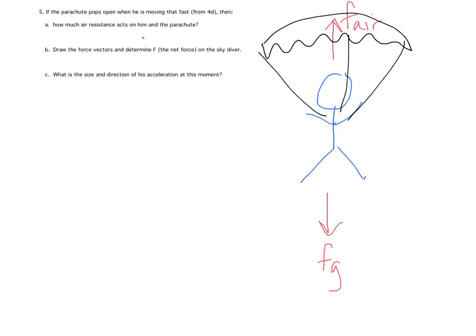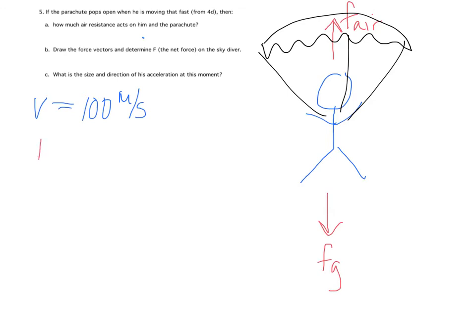Now it wants to know, if he is moving that fast, if I've got a velocity of 100 meters per second, holy cow, how much air resistance must be acting on him and the parachute. So you have to look all the way back up to the top of your worksheet and remember that we are now looking at this new equation.